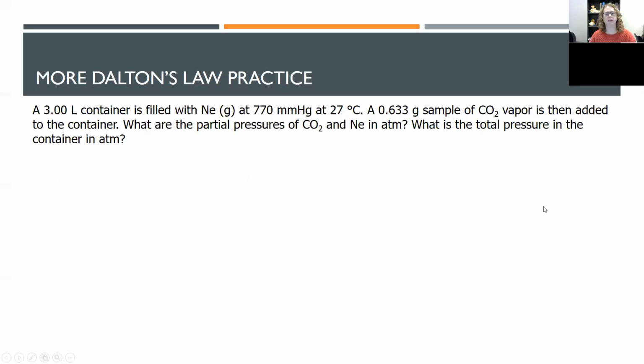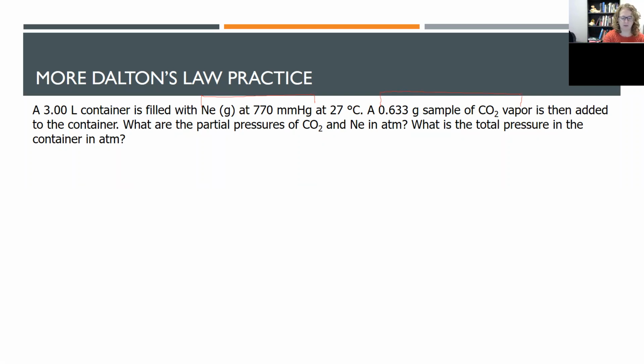Let's try one more example of Dalton's law. And as I scan this problem, I see two components, neon and CO2. And I see that they're added sequentially, but that doesn't matter to the final state.